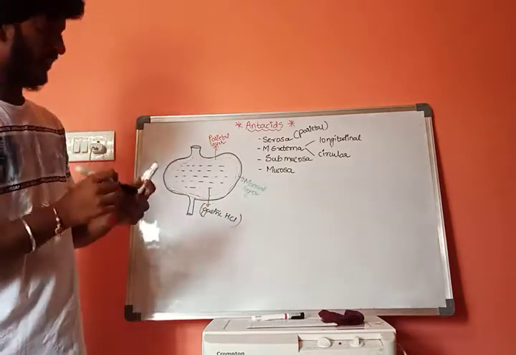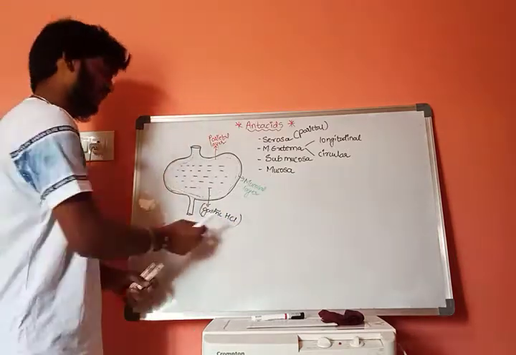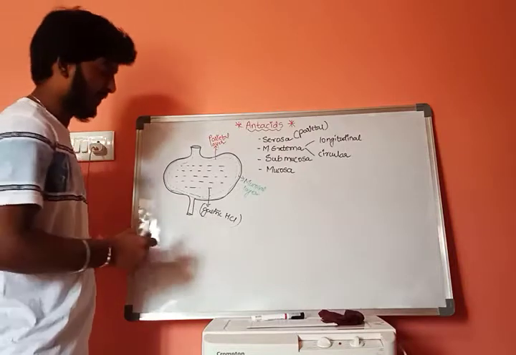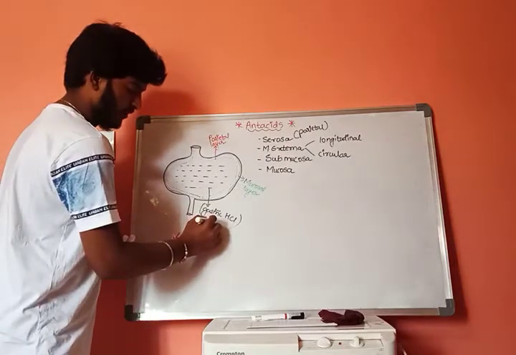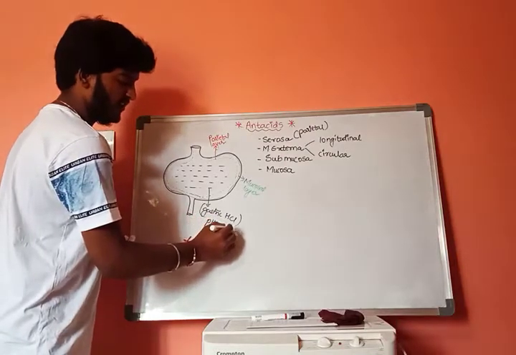This gastric HCl is highly concentrated, and the pH will be between 4 to 6.